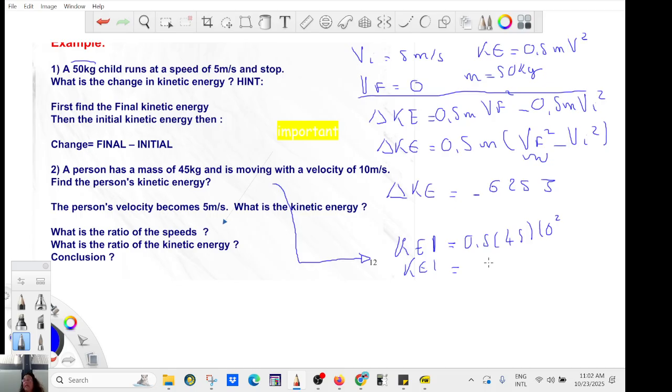It's going to be 2250 joules. And now if you go at 5 meter per second, so it decreases by a factor of 2, the kinetic energy will decrease by a factor of 4.